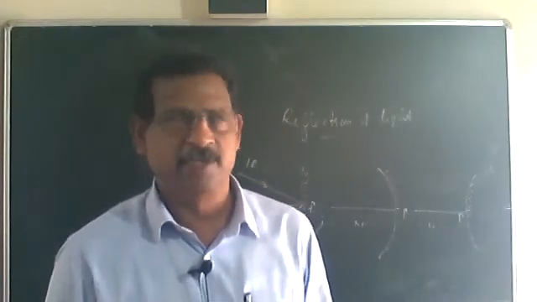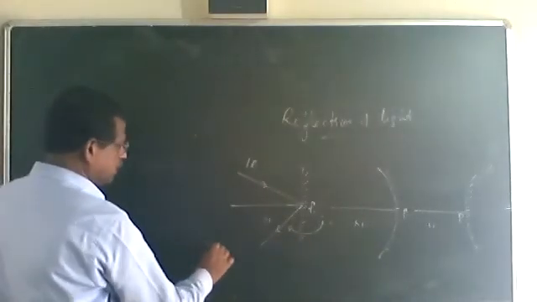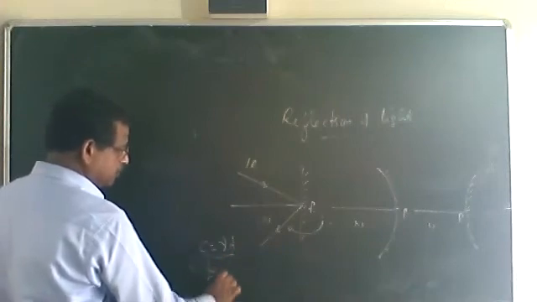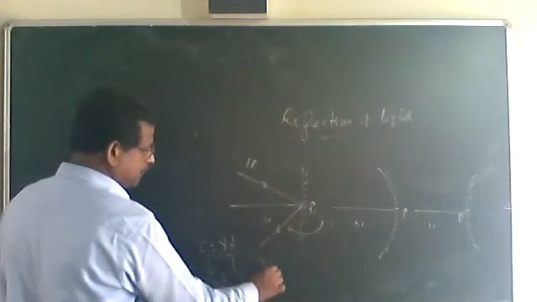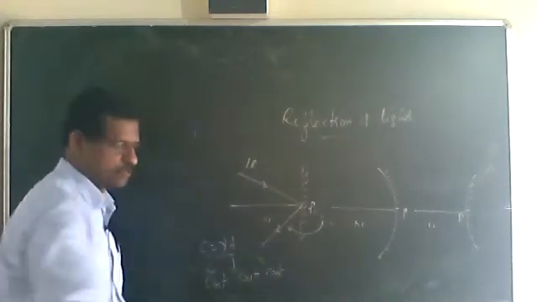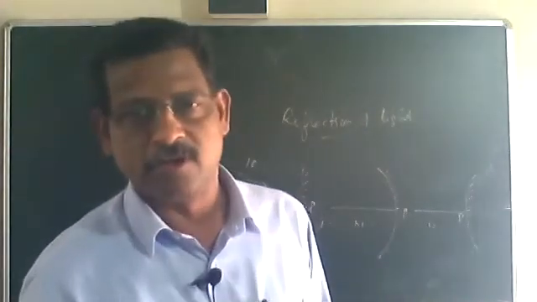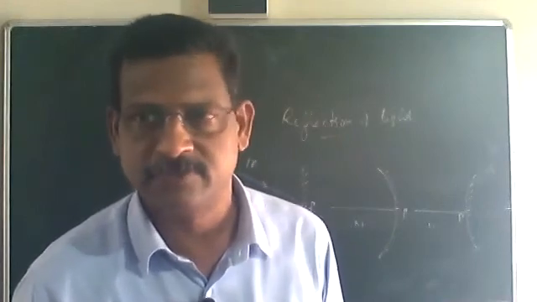So the three parameters in C equals nu lambda are all remaining constant. C will be a constant, there is no change. Frequency constant, and wavelength also remains constant. So this is the only phenomenon where all three things are constant because light is coming back to the same medium from a highly polished surface.